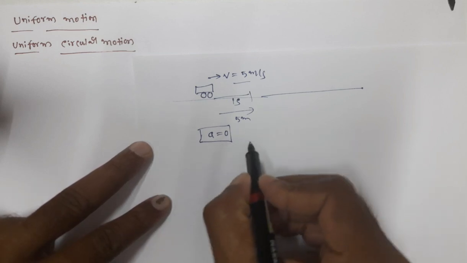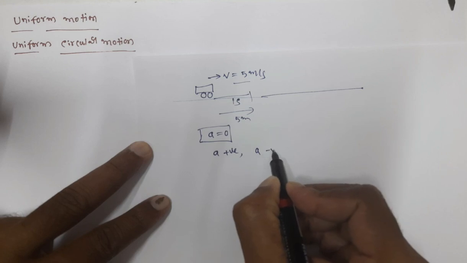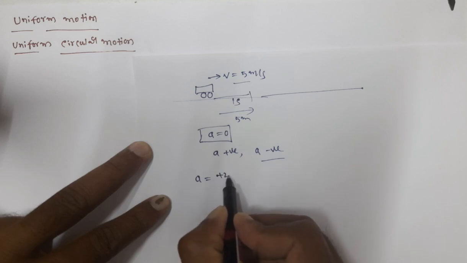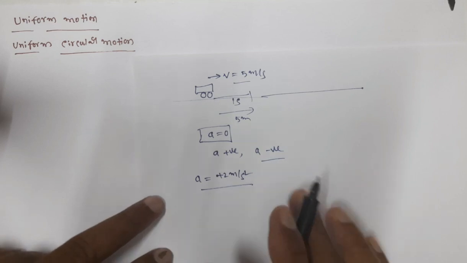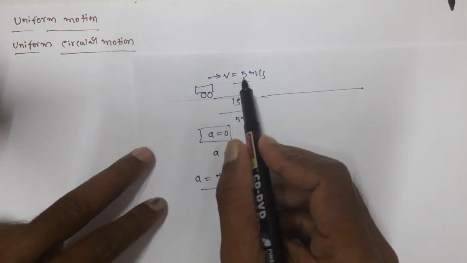Now, when do we say acceleration is positive and when do we say acceleration is negative? Let us take an example: acceleration plus 2 meters per second squared. Suppose it is not uniform motion, and the object starts with an initial velocity of 5 meters per second.